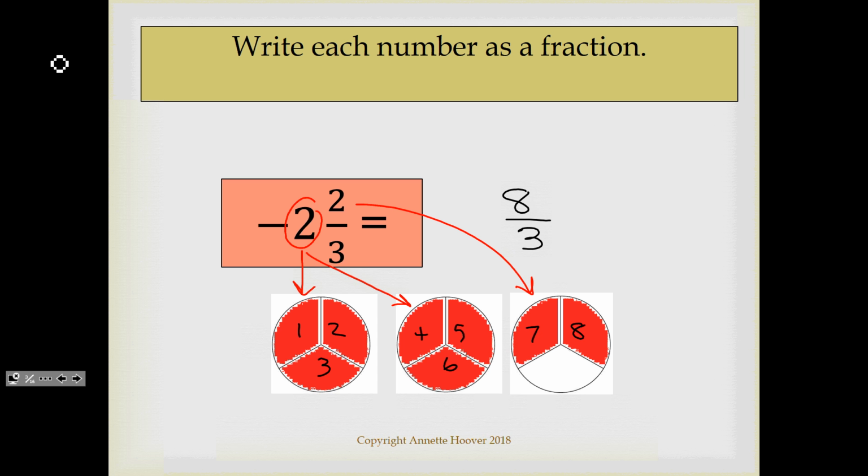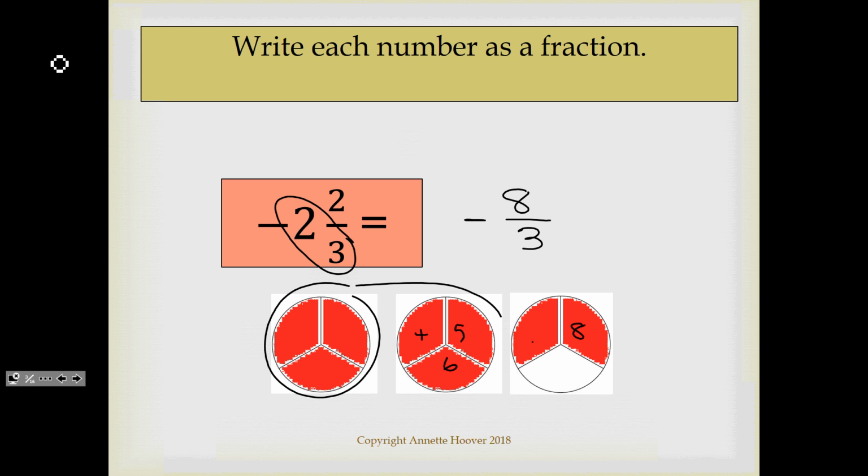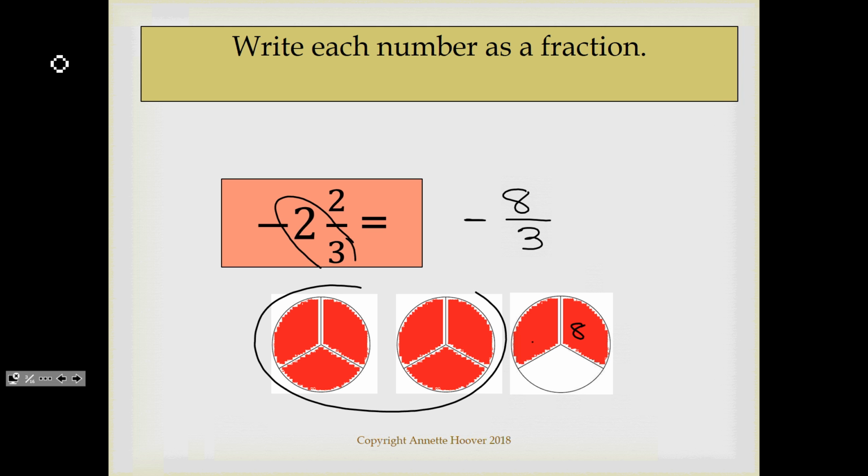That's where we get the 3, and of course it's negative. So if you look at the illustration, you can see that. Now you probably have heard of the rule that to figure this out, you take the denominator and multiply it times the whole number. That's 3 times 2, because there's 3 parts and there's 2 wholes. The 3 times 2 gives you how many are shaded within the 2 wholes, which is 6.